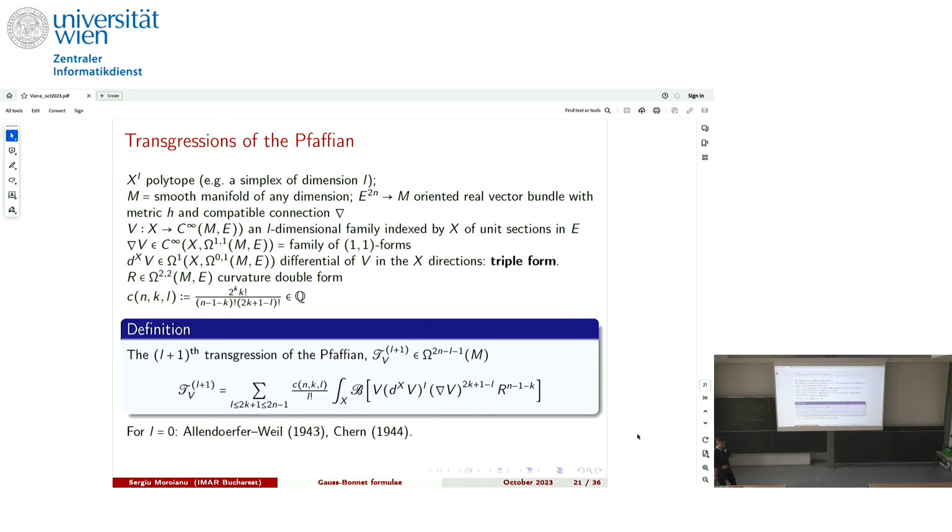This is the curvature of the manifold. This is the covariant derivative of the multi-section V, which is a double form. Then this is the derivative with respect to the parameters of the section. And finally, this is the section V itself.